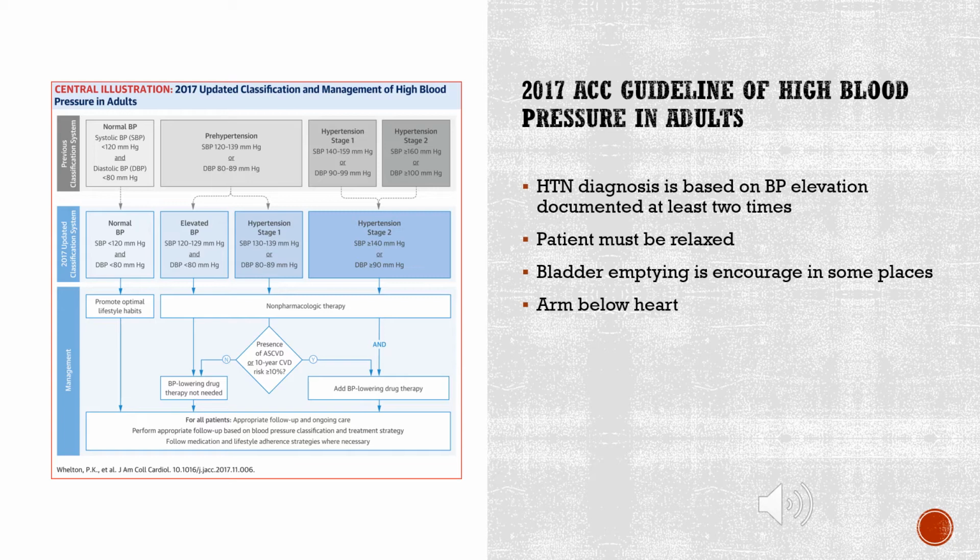In some settings, we would ask the patient to empty their bladder because that can impact their blood pressure as well. And we want to make sure that the patient's arm is below their heart when we're taking those blood pressure readings.